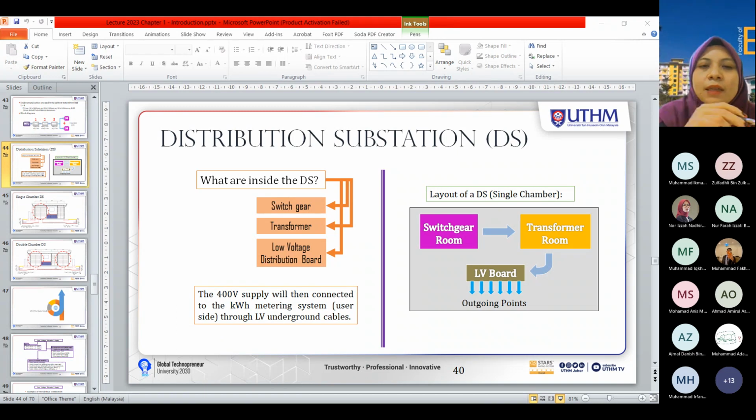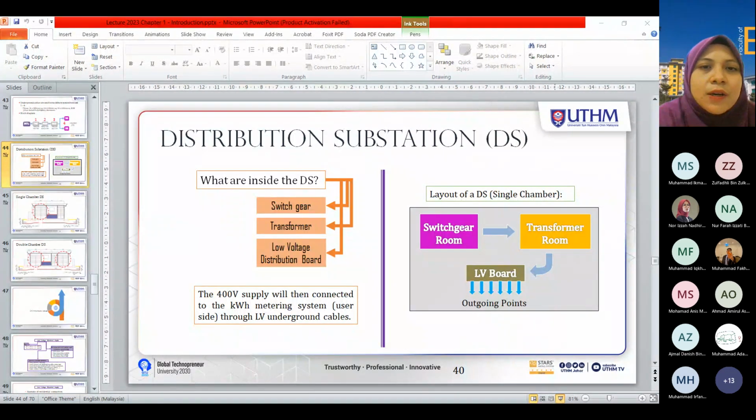Kita punya direct supply is from the pencawang elektrik ataupun as I mentioned before SSU, Sistem Suis Utama. So either we tap the electricity from the pencawang elektrik or distribution substation, or from the SSU, Stesen Suis Utama, ataupun main switching station, MSS.